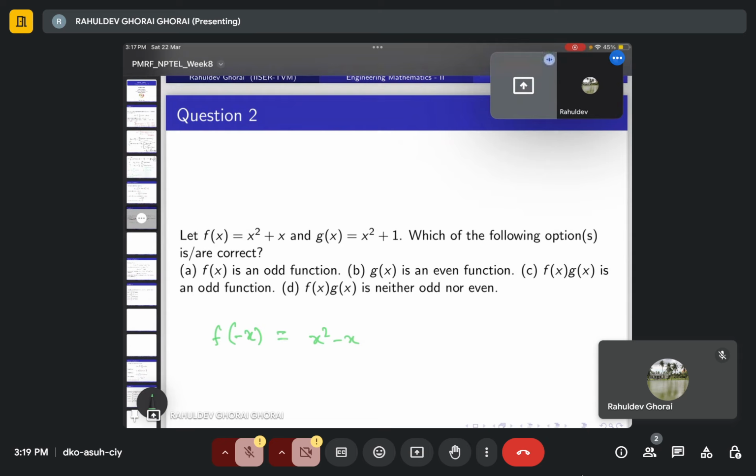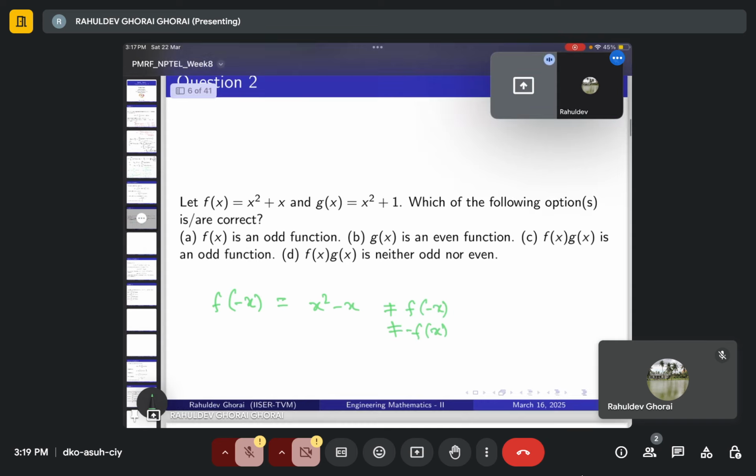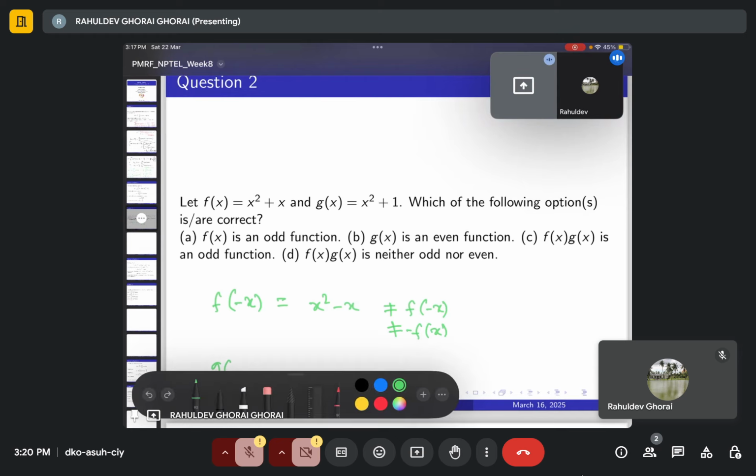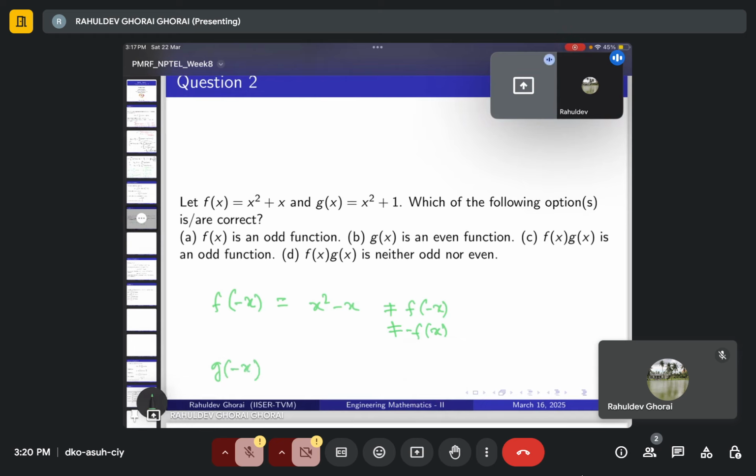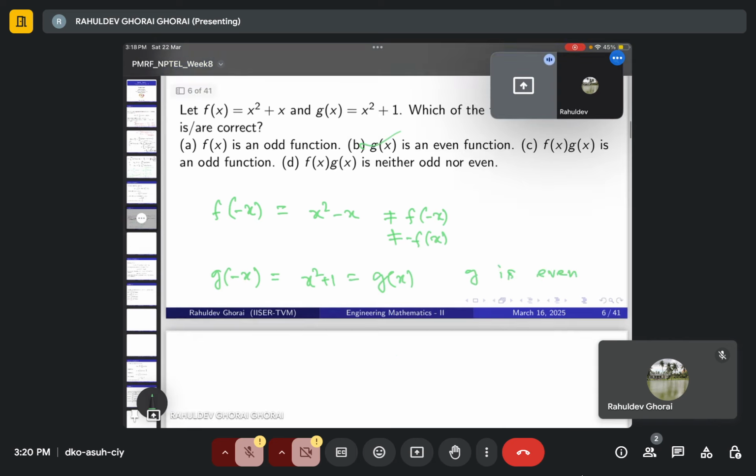It is neither equal to f of minus x nor equal to minus of f(x). So odd or even, you cannot say anything. For g(x), just put minus x instead of x, it will be the same, x squared plus 1, equal to g(x). So g is an even function. So this one is correct.